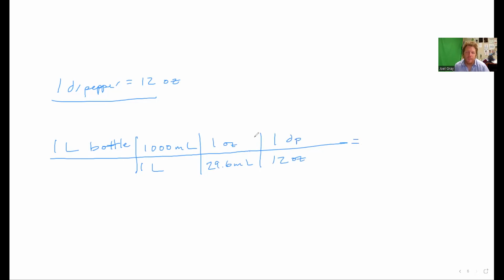So this might be kind of a backwards way that you would think to do this, but you've got to think about, what are we trying to fill up? We have a singular Dr. Pepper, but we want to figure out how many of those Dr. Peppers are relevant to our project. So we're going to say 1 times 1,000 divided by 29.6 times 12.